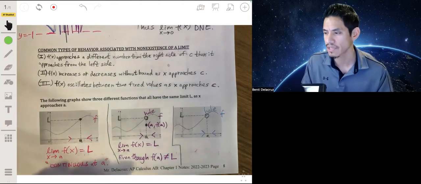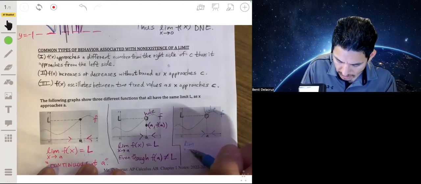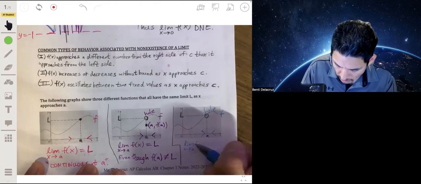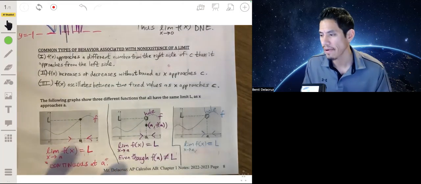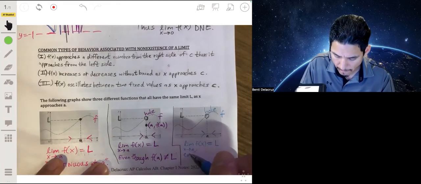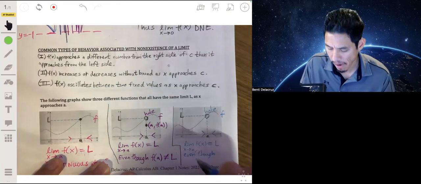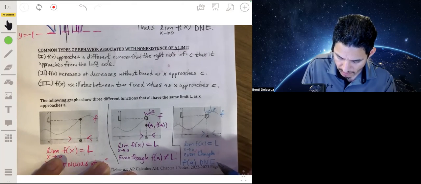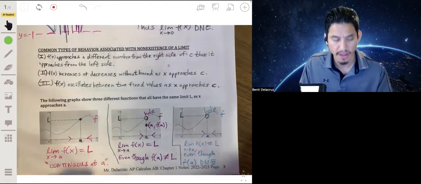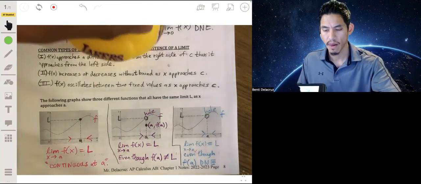So we can still say that the limit as x approaches A of f of x is still equal to L, and we could say even though f of A does not exist. Remember, it's not necessary for it to exist in order for there to be a limit there. All right, so there you go.